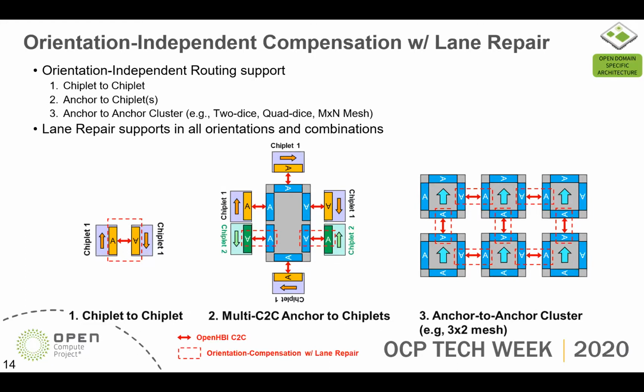The OpenHBI bit reordering function will compensate for the rotated orientation and readily enable such topology while continuing to support all lane repair functions in any orientation combinations. So we define the lane repair functions to support the bit reordering mode as well. This is another key element to enable cross-vendor interop for the OpenHBI-based chiplet ecosystem without having to co-design every step of the way, which is not always practical.